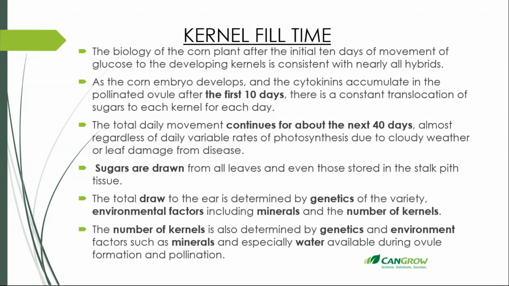Yeah, I do know that they harvest at 30%, which is the high yield guys, and they spend money on drying it down. But once the black layer occurs, there's no movement.